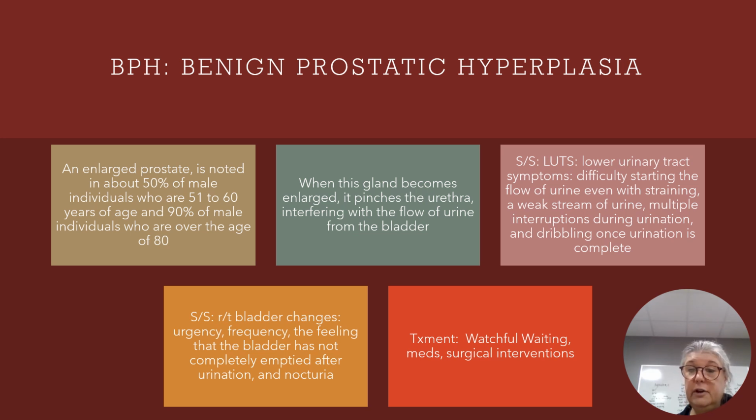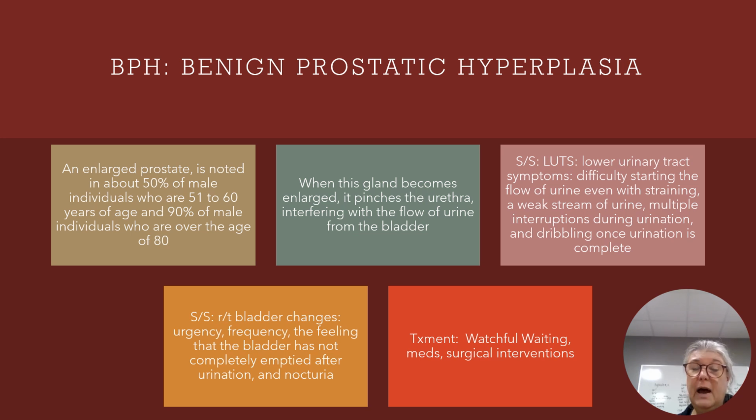And again, when you have a male over 65, assume there's going to be some dysfunction there. It equally affects male individuals of all races. It's not a form of cancer, okay? Somebody can have BPH and also have prostate cancer, either together or independently of each other.